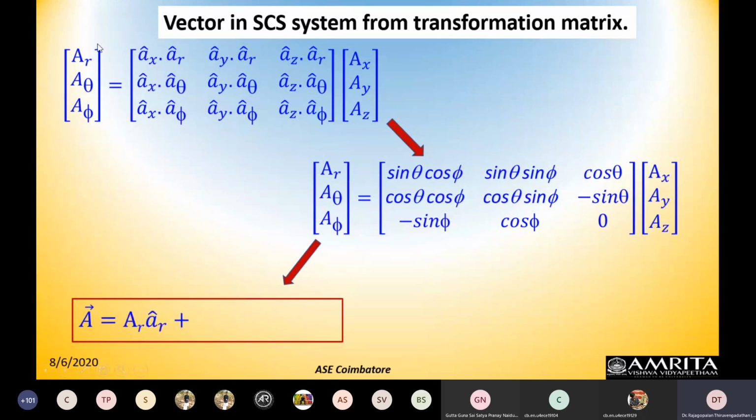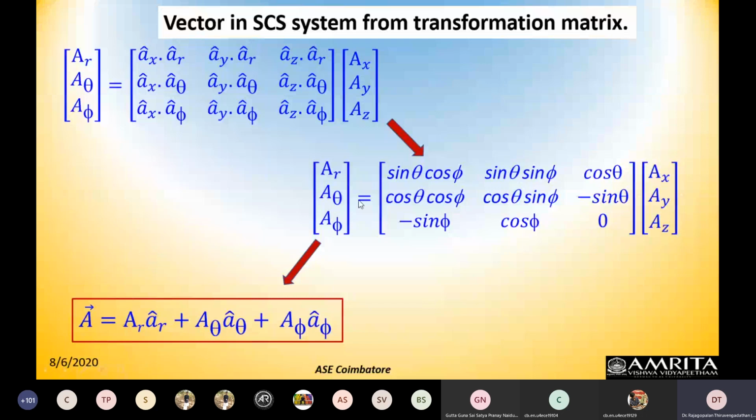So I can get these components from this matrix, and then I can visualize the vector in the spherical polar coordinate system by substituting the components after multiplying the respective things. Like I gave you an example, 5ax hat plus 3ay hat plus 4az hat, the components along the x, y, z directions become 5, 3, 4.